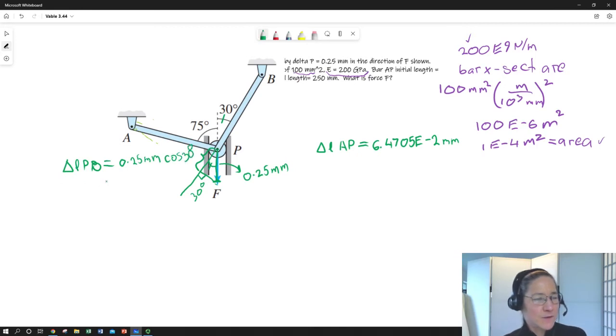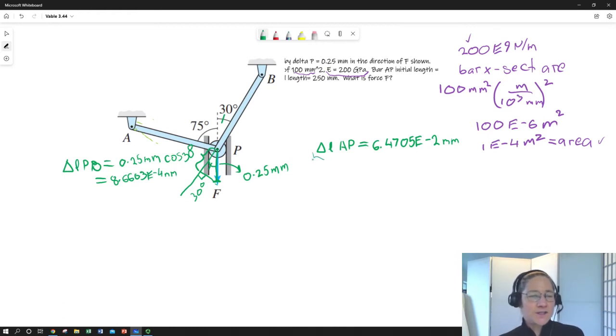So that ends up being 8.6603 times 10 to the minus 4 millimeters.